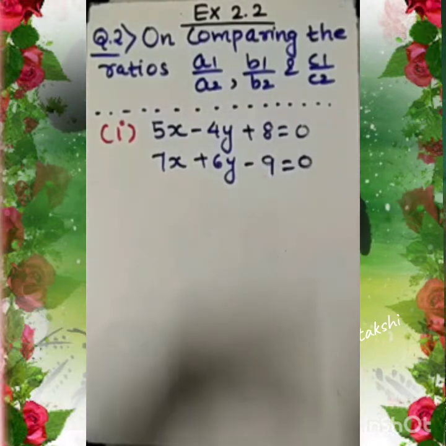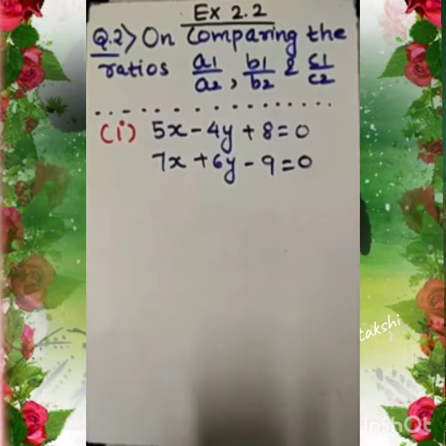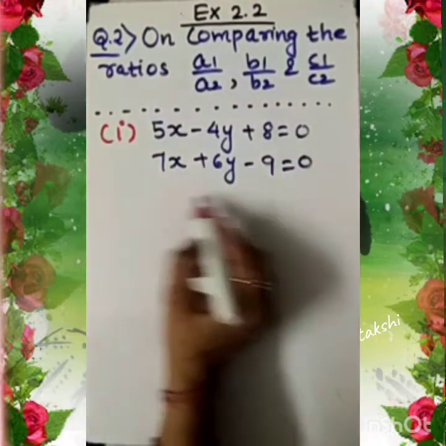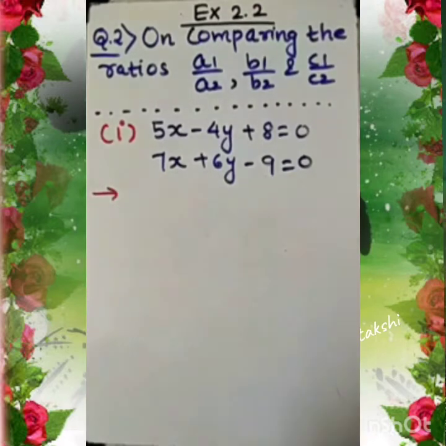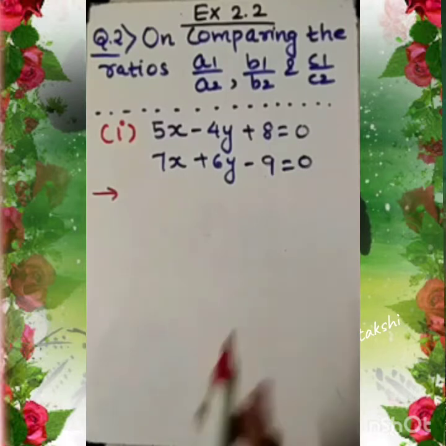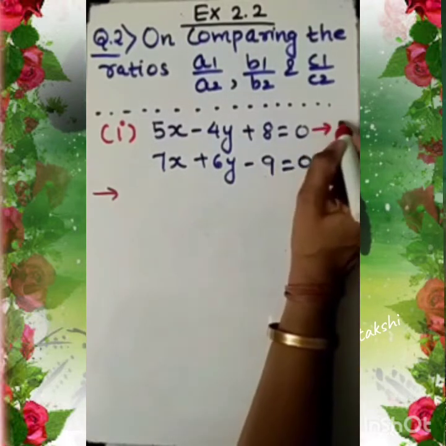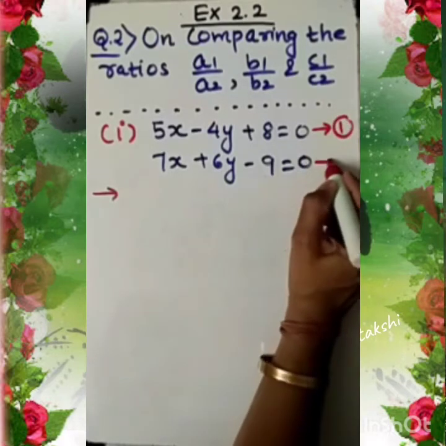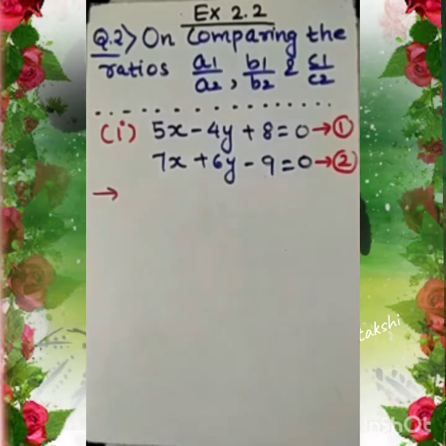So what am I going to do with that? Two equations are given. First of all, these are linear equations. Are they in their general form? First you confirm. If they are in their general form, then we can proceed further. Let me call this equation 1 and this equation 2.